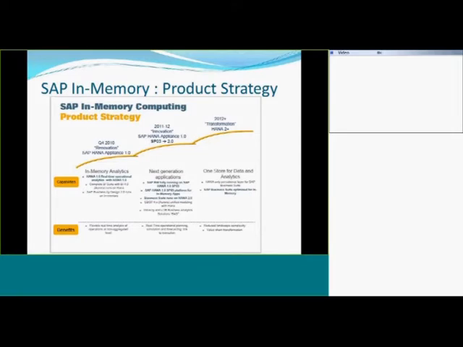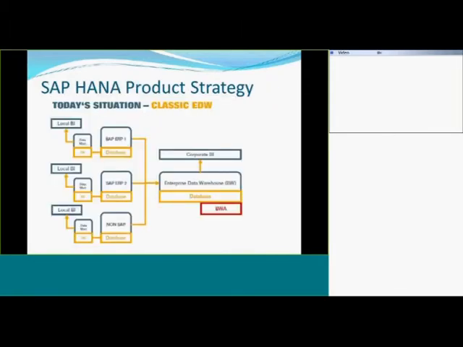So basically, these next 3-4 slides would help you understand why in-memory was required. So this is what I was explaining. In any complex customer scenario, what ideally you have is various ERP systems.